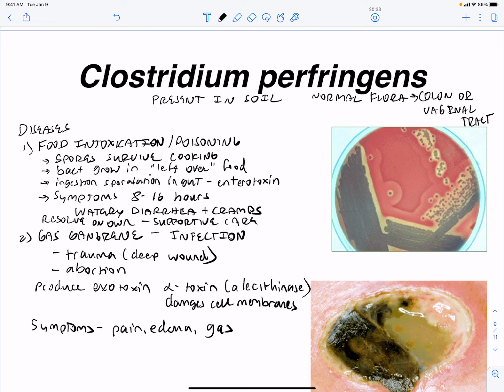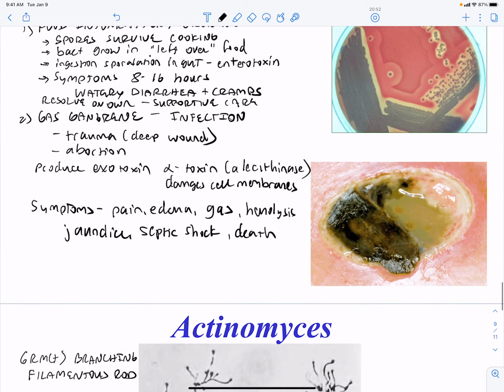You're going to have hemolysis, jaundice, septic shock, and death. It's very aggressive, of course.